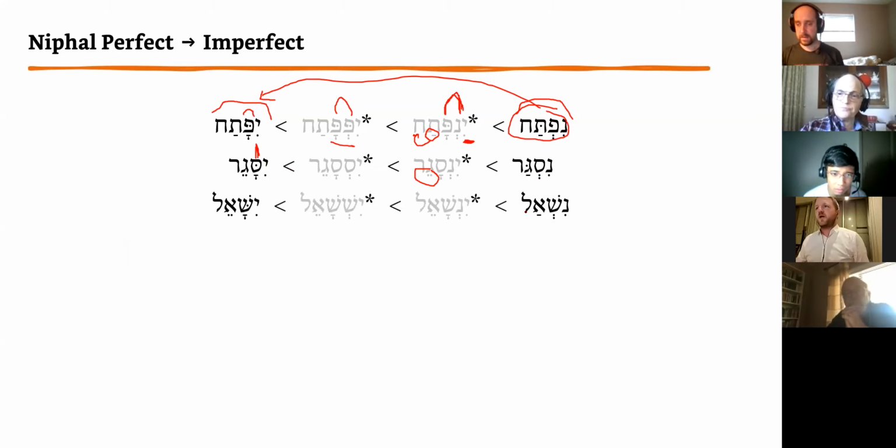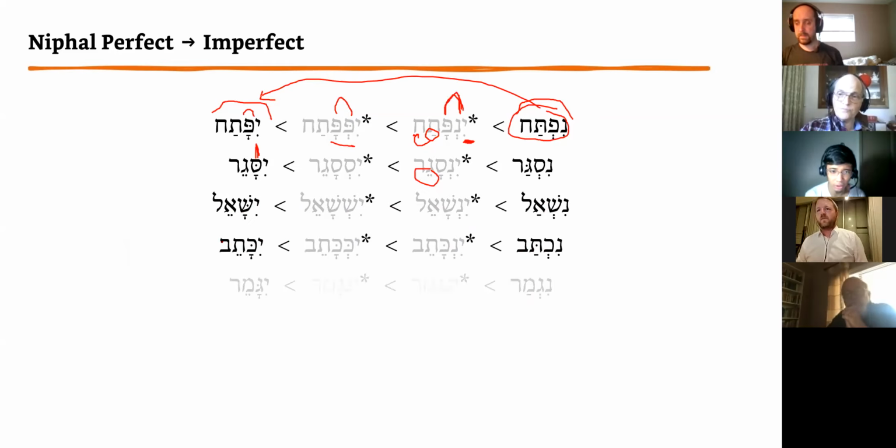Okay, nishal, it was asked or requested. Yin-sha'el, yish-sha'el, yishael. Okay, nichtav, it was written. Yin-katev, yik-katev, yikatev. You see the pattern? Nigmar, yin-gamer, yig-gamer, yigamer.